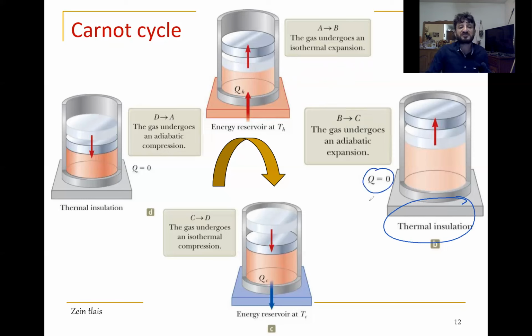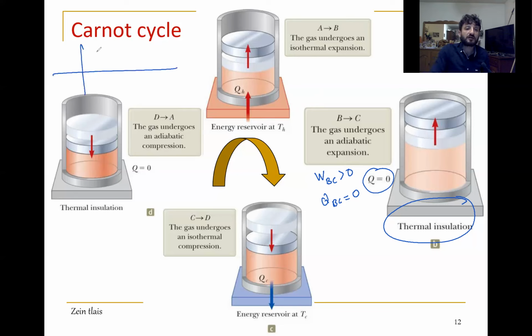Q equals 0. And the volume increases, so the work between B and C must be positive, and QBC equals 0. In general, if we increase the volume, the temperature and the pressure decrease.